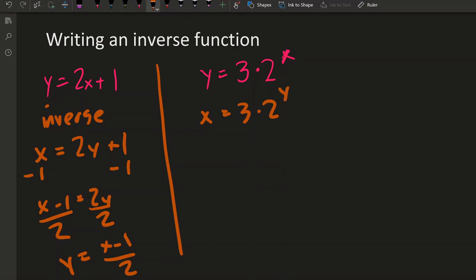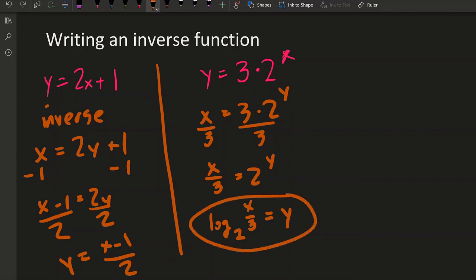In order to get the y by itself, first I'm going to divide by 3. So I have x over 3 equals 2 to the y. Now I'm going to rewrite this using a logarithm. So it would be log base 2 of x over 3 equals y. Now I've got y by itself, so that's my inverse function.